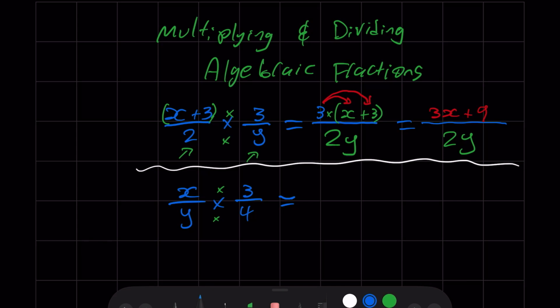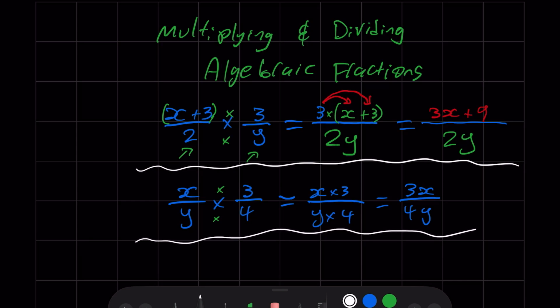So all we are going to do here is x times 3 and y times 4, which is equal to 3x over 4y. That is the answer to that question. So these questions can vary in difficulty, all the way from this being kind of easy to this one being the hardest that you'll get. If you can do the hardest questions, you'll have no problem with the easy questions.